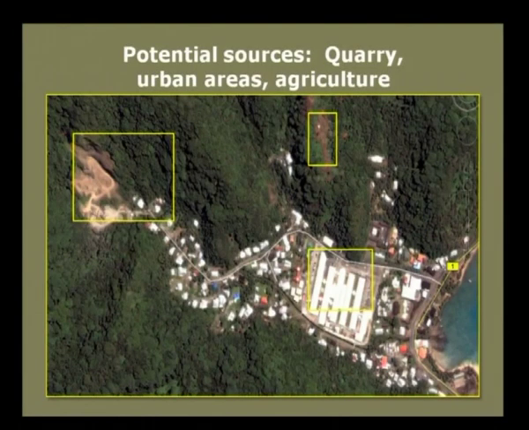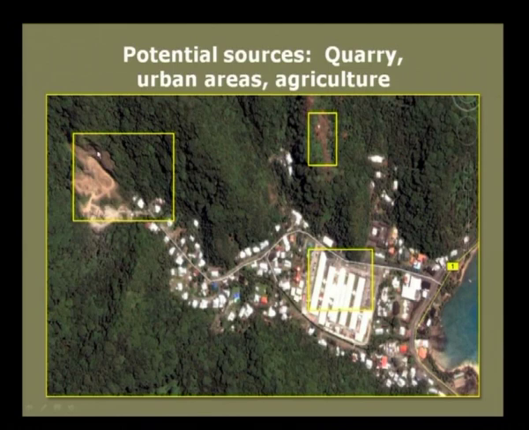Now, what are the potential sources for the siltation? See, one potential source is the quarry, urban areas and agricultural areas, that is, the quarries in the industrial area and the agricultural waste, and they are one possible cause for the siltation, and that is shown in this diagram.